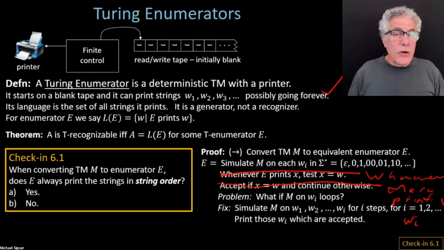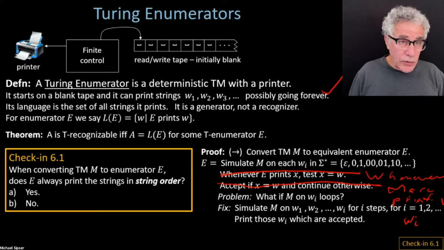All right. So the correct answer, as the majority of you did get, is in fact that the order is not going to be respected here when E prints things out. It might print out some things later in the order before earlier things in the order. What's going to control when E is going to print it out?